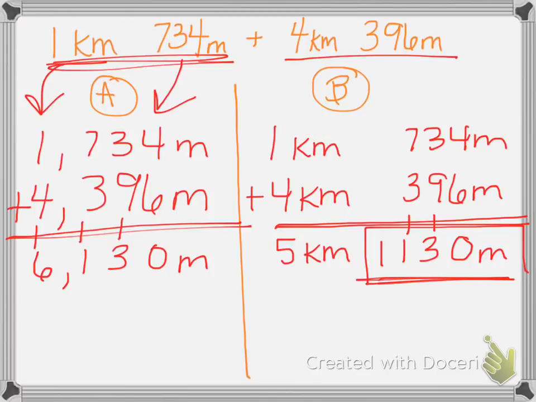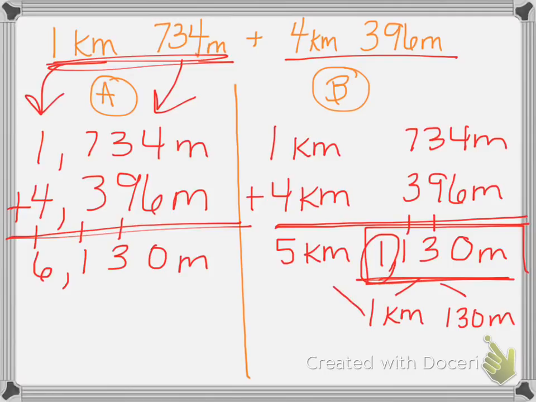Once we switch into thousands, we can take one of those thousands out and turn it into a kilometer. That 1,000 right here gets to turn into a kilometer, and the rest stays meters.